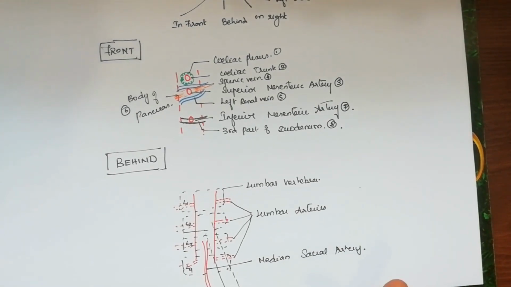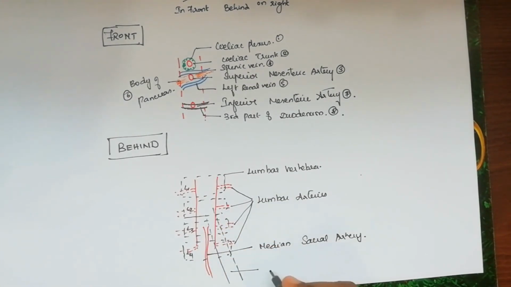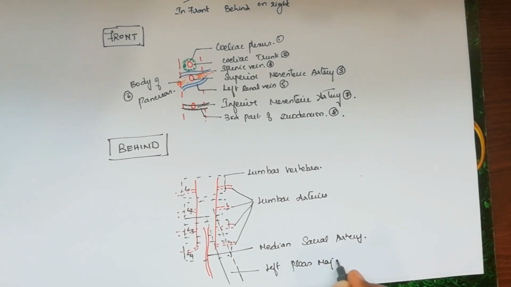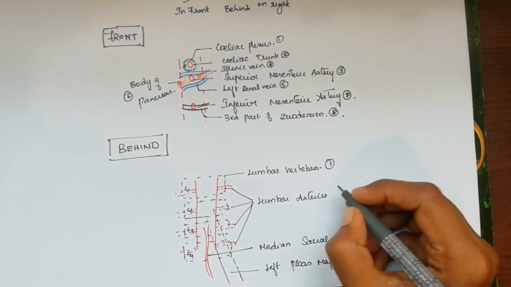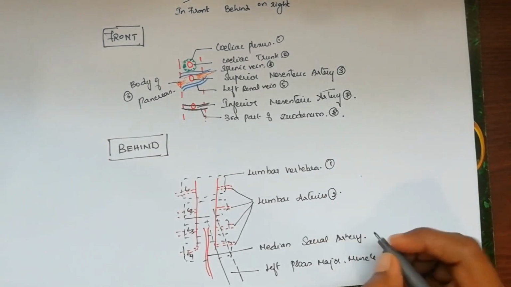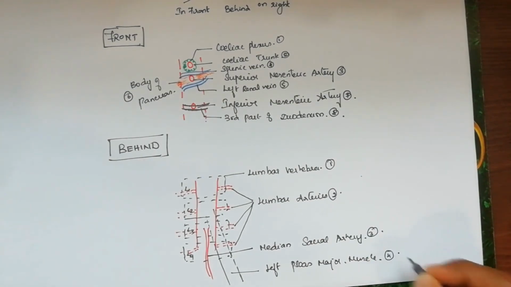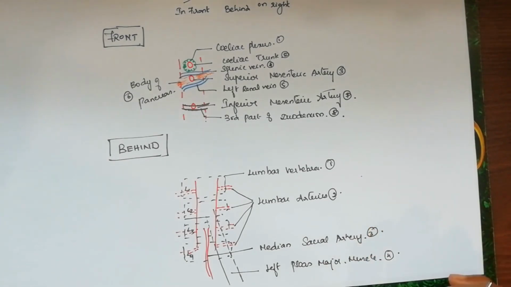Then one more structure: here we have a dotted muscle outline, and this is the left psoas major muscle. So these are the four structures related behind the abdominal aorta: lumbar vertebrae, lumbar arteries, median sacral artery and left psoas major muscle.